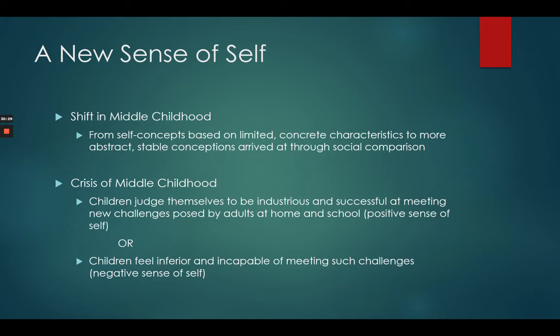So kids are also learning about themselves through this developmental lens that Erikson talks about, and this will be largely environmental. Parents, teachers, and also other kids tell you this information. And it's really easy for kids in middle childhood to incorporate that information into the sense of self, whether it's accurate or not.